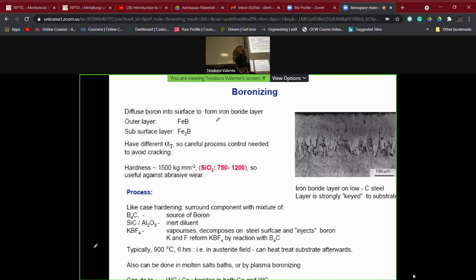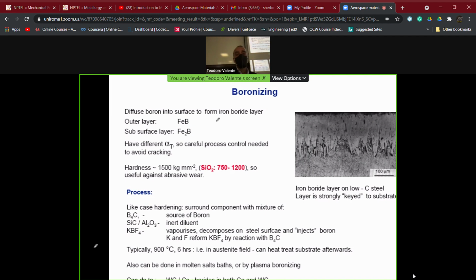Another example is boronizing, which is again based on solid state diffusion, in this case of boron, with the possible formation of iron boride layer, which can be of two different forms. That depends on the stoichiometry of the diffusion process.